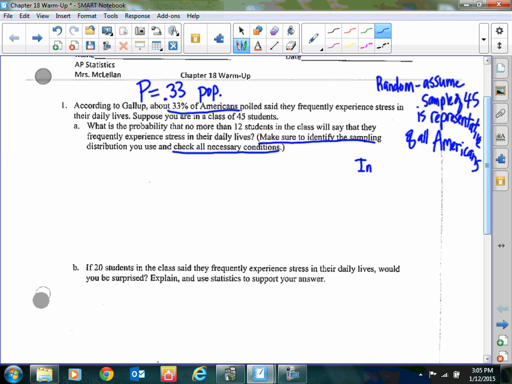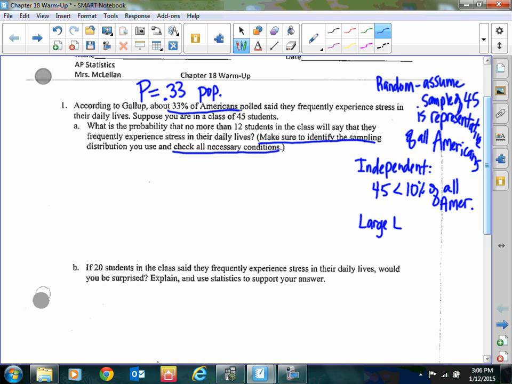So to test for independence, you have to make sure that your sample is not changing the probability of the next thing happening. And in order to do that, your sample needs to be less than 10% of the population. And I think 45 is less than 10% of all Americans. So we're good there.